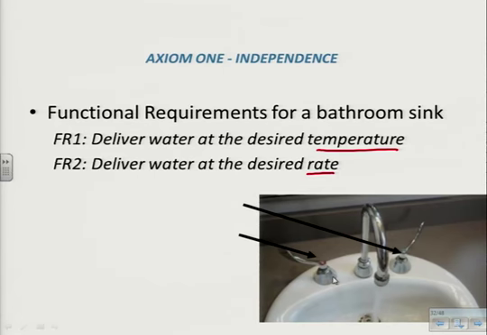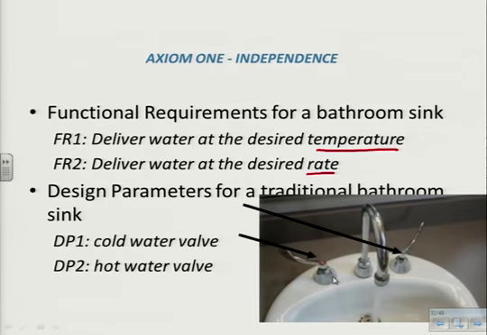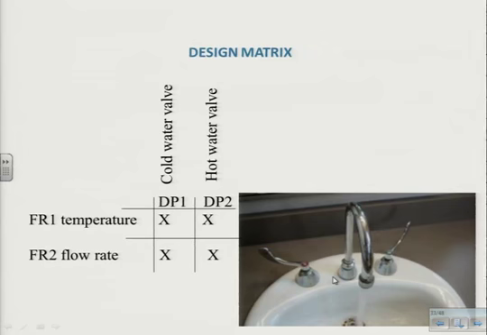So what happens now? I've got a cold water valve and a hot water valve. This is supposed to be up here somehow. All right, so in this design, with the cold water valve and the hot water valve, what happens? Let's take a look at the matrix. Well, if I adjust the cold water valve, that changes the temperature and the flow rate.